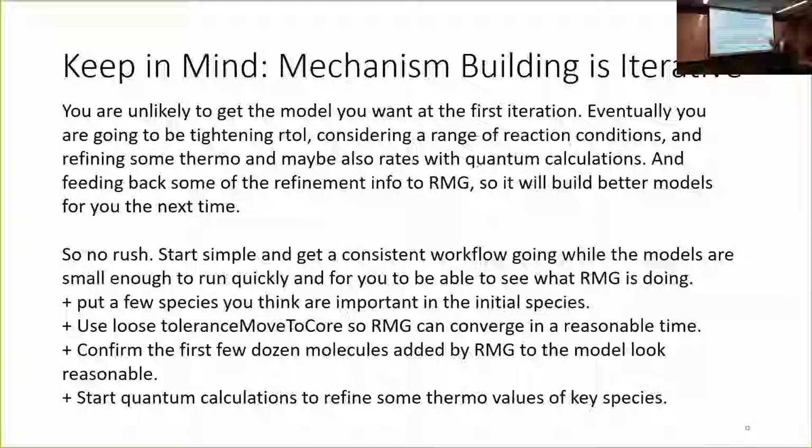So start simple. And simple has the advantage that RMG will run faster. So your first few iterations, you can run it really quick. And also, you can check it much easier. The model's small. As a human, you can go through and look at stuff and figure things out pretty well. But later, towards the end, when your model's getting really gigantic, it's going to be really challenging for you to comprehensively test if your model's any good.